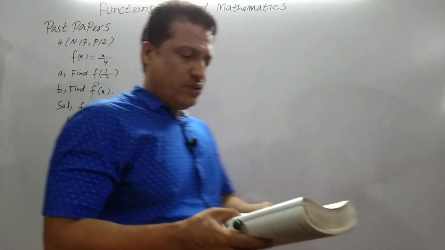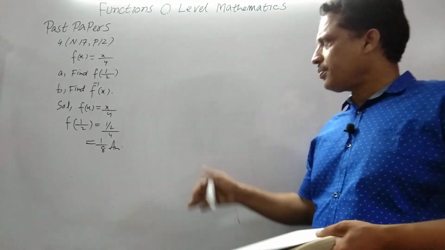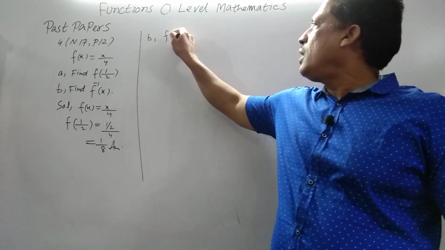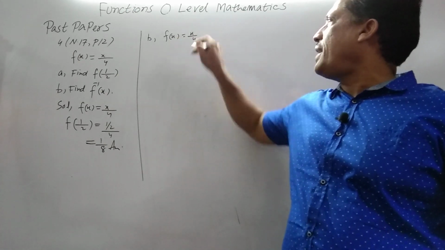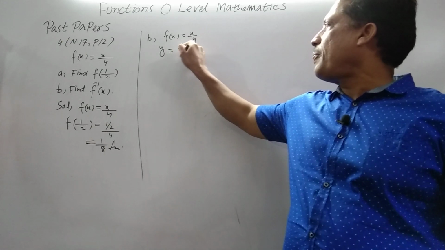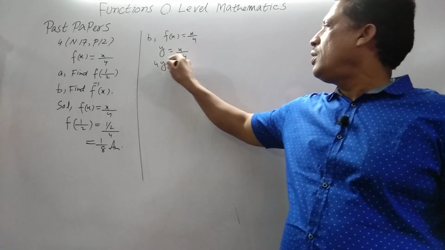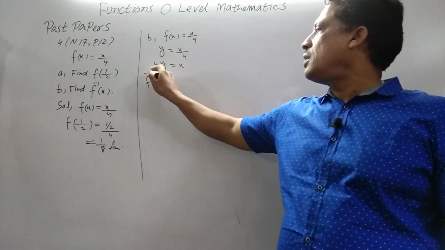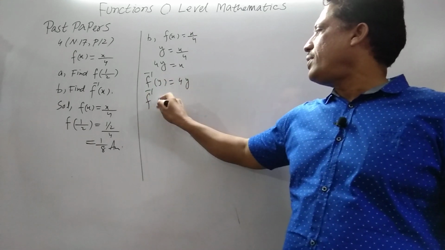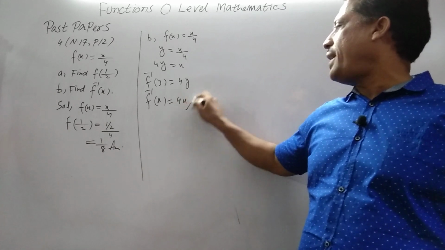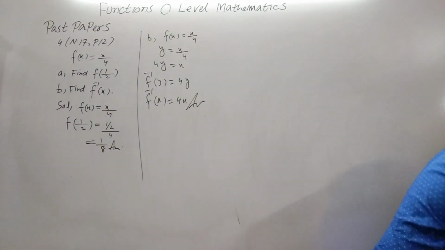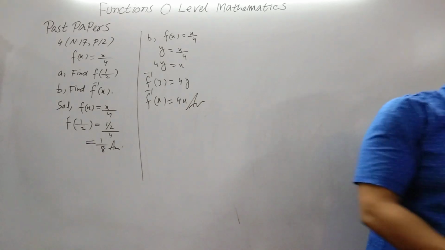Next, move to another part, part B. f(x) = x/4. Replace f(x) by y: y = x/4. 4y = x. F inverse y is equal to 4y. F inverse x is equal to 4x is the final answer. Very easy question, very easy part.